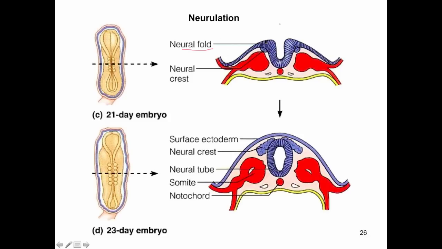Around the time we form the neural fold, there are cells that migrate out of it and differentiate into another cell type. There are these clumps over here, and that cell type is called the neural crest. The neural crest is going to become our peripheral nervous system. So this neural fold is our central nervous system, and the neural crest is our peripheral nervous system.